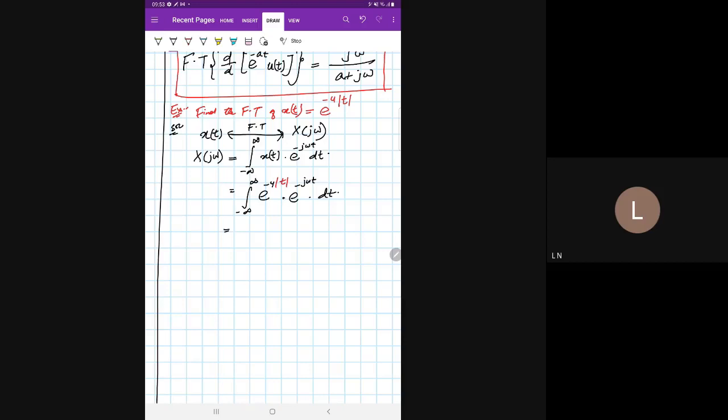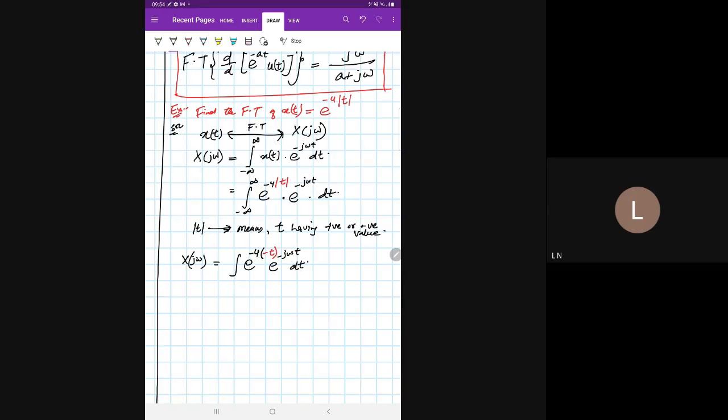When t is negative, we can write x of j omega as the integration of e raised to power minus 4 times minus t, e raised to power minus j omega t dt, since mod of t is minus t when t is negative.